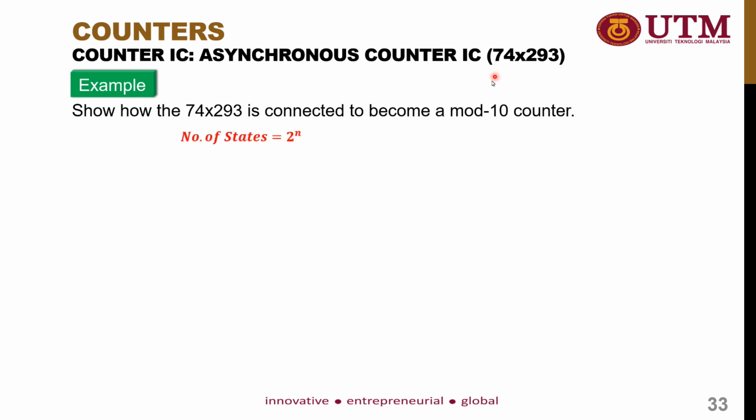First, we need to check whether one 74x293 IC is enough to create a mode 10 counter. Since 2 to the power of 4 is equal to 16 and it is greater than 10, the states inside the 74x293 are enough to create a mode 10 counter.